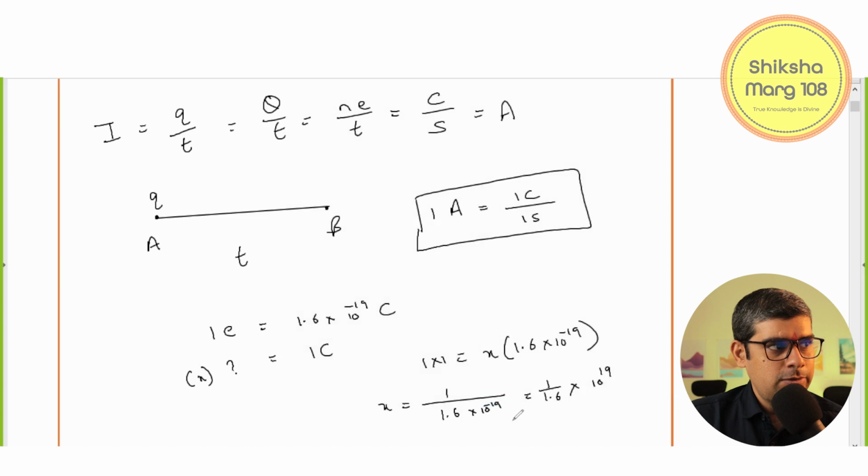It comes out as 0.625 times 10 raised to 19. Of course, if you want to make this a bit more sensible, it would be 6.25 into 10 raised to 18. So what does that mean? In 1 coulomb charge, you have 6.25 into 10 raised to 18 electrons.